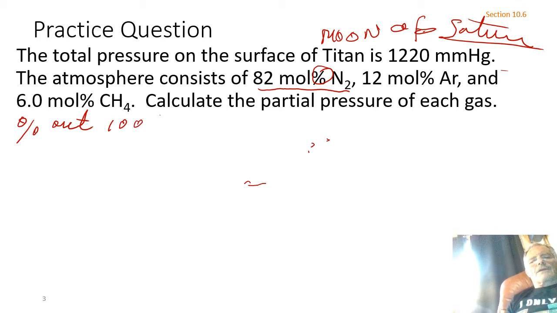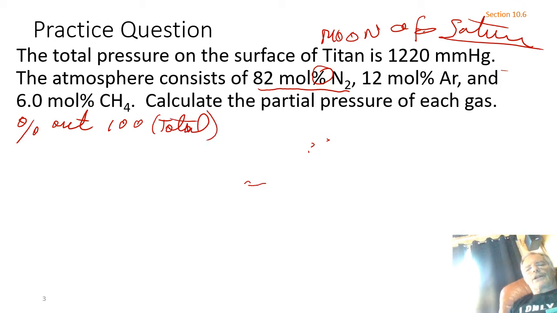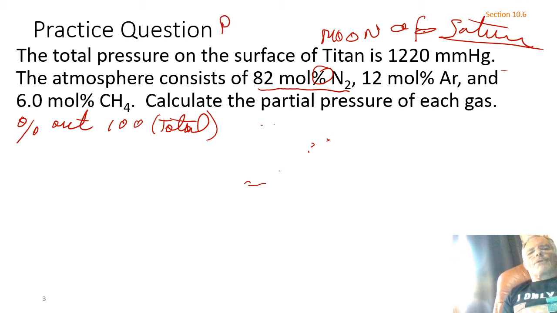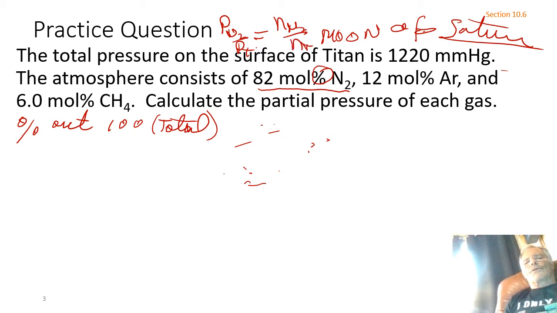So that means that this is going to be the total number of moles since it's a mole percent. And we're going to use that pressure fraction, partial pressure in this case of N2 divided by the total pressure is equal to the number of moles of N2 divided by the total number of moles. And the total number of moles is going to be 100 because it's in percent, mole percent.